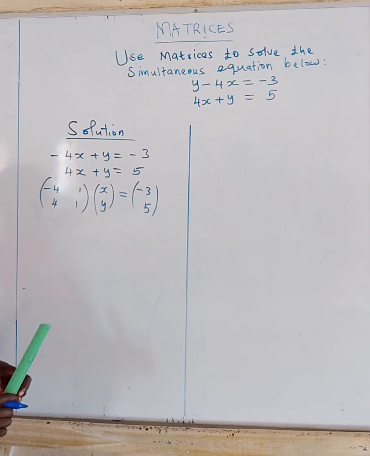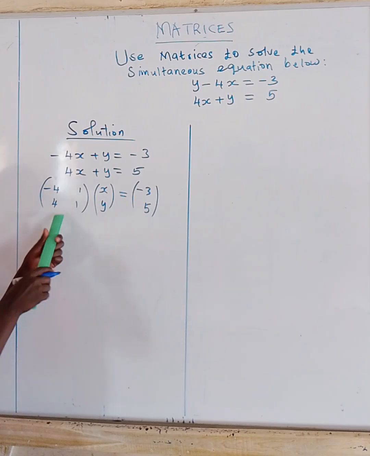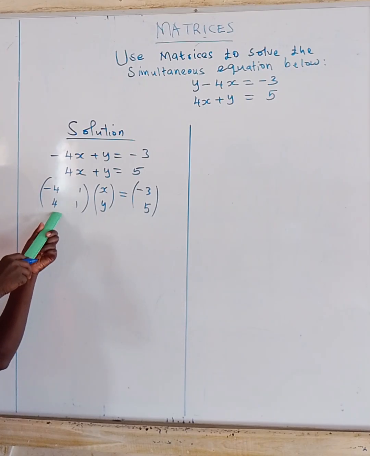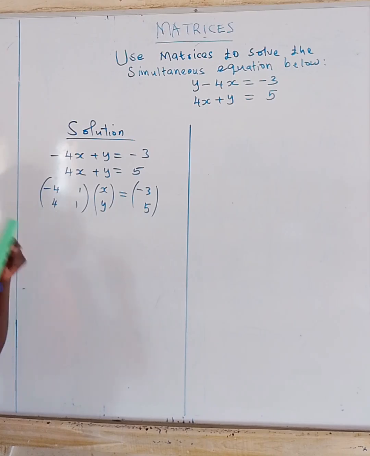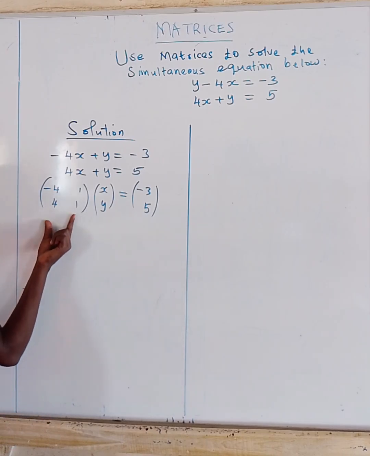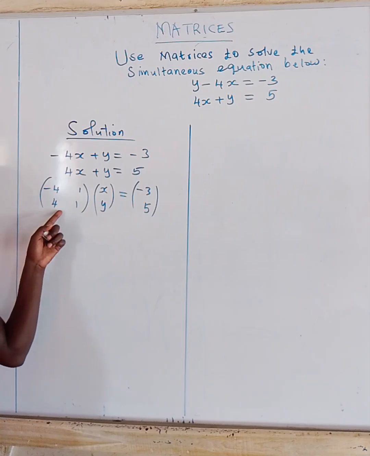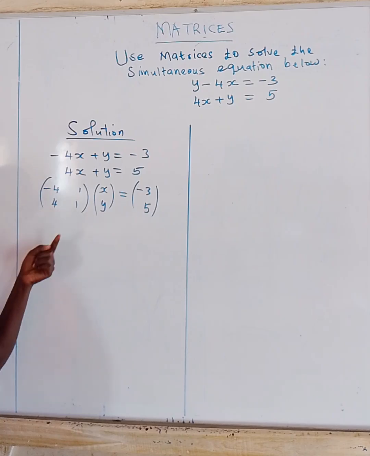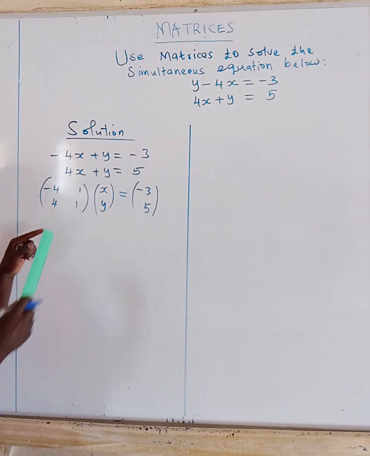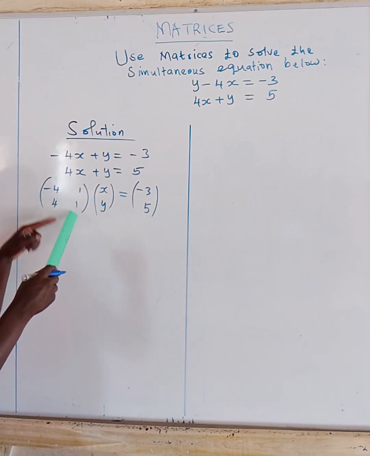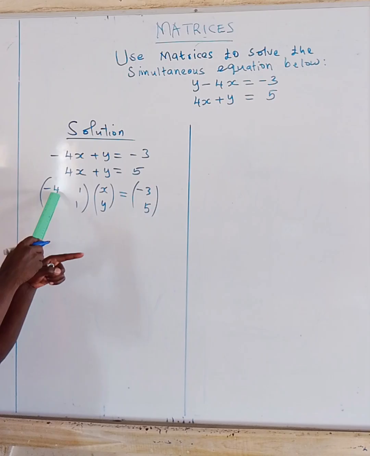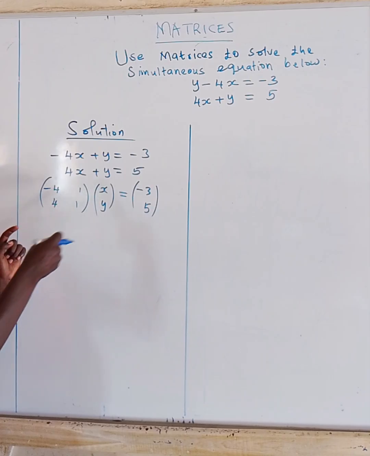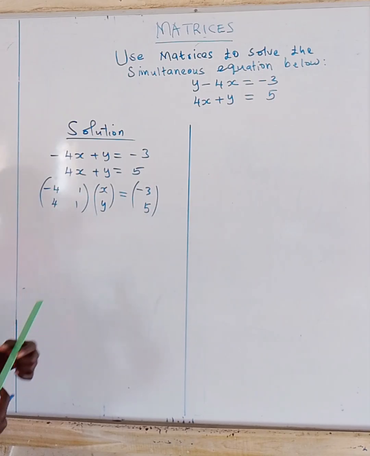The next step, we determine the inverse of the coefficient matrix. To determine the inverse, we must get the determinant of this matrix, find the reciprocal of the determinant, and then multiply it with the matrix with the digits in the leading diagonal interchanged and the sign of the digits in the minor diagonal changed.